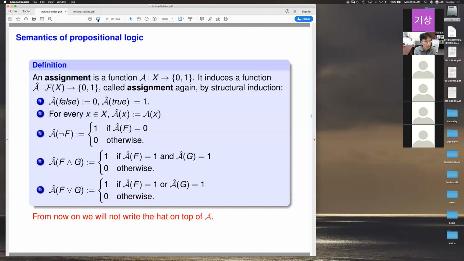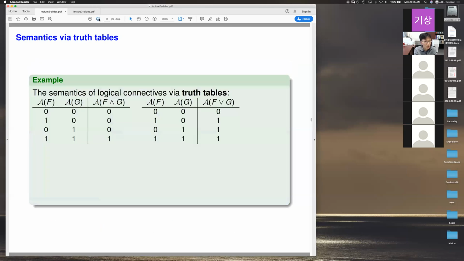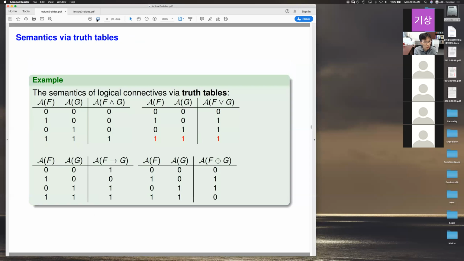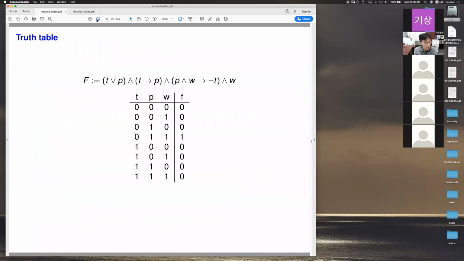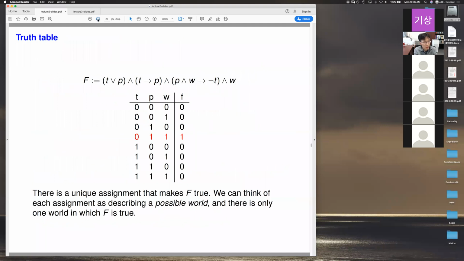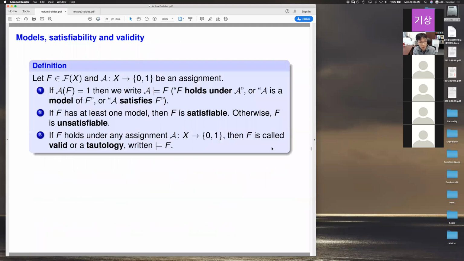Right. And so an important concept we covered after discussing semantics was the so-called satisfiability and validity and satisfaction relation.